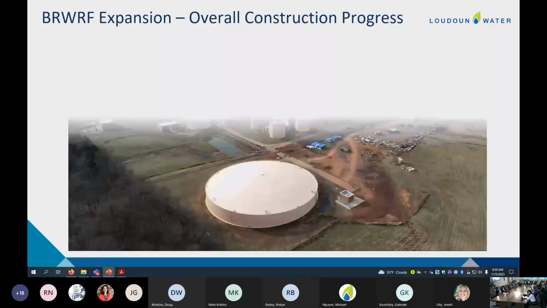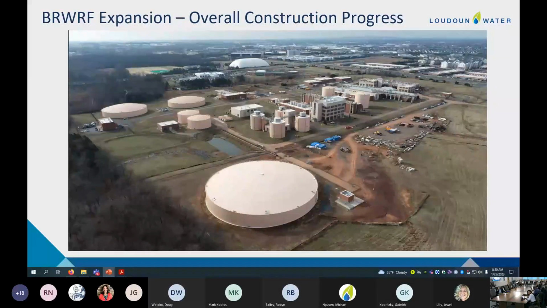All right. Now, taking a look at some aerial photography of the construction progress. We're in the northeast corner of the plant looking southwest. You can see the new equalization tank and vault. Those are completed and getting into commissioning this quarter. And then you can see the contractor staging area and some of the other areas of the project.